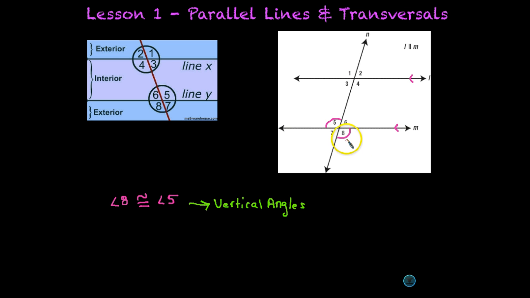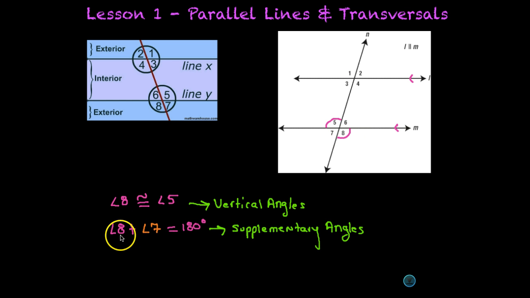But how can we, say if we know angle 8, find all the other 7 angles? Well, let's compare 8 and 7. These 2 angles make up a linear pair, right? The parallel line forms a straight angle. So we know that angle 7 plus angle 8 has to equal 180. I've gone ahead and written that down.